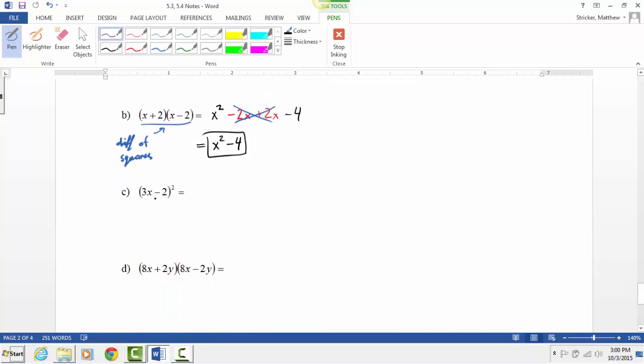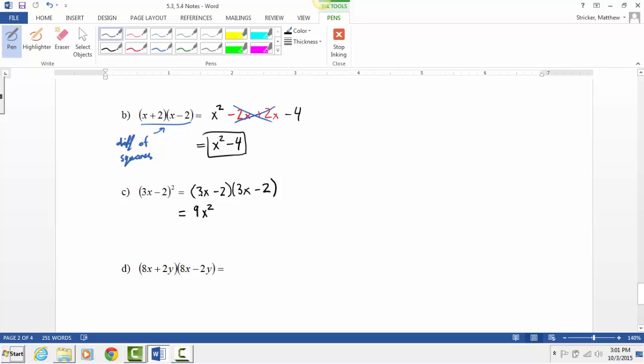So we also have this 3x minus 2 squared, which remember that means 3x minus 2 times 3x minus 2. Distributing, 3x times 3x is 9x squared. And then remember the next two terms are the same.